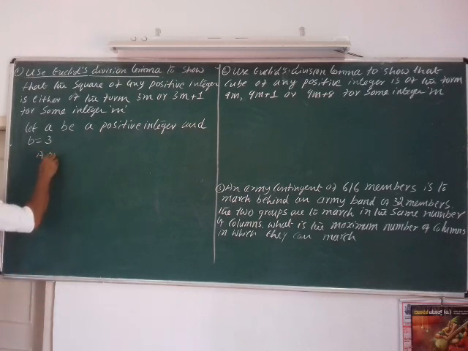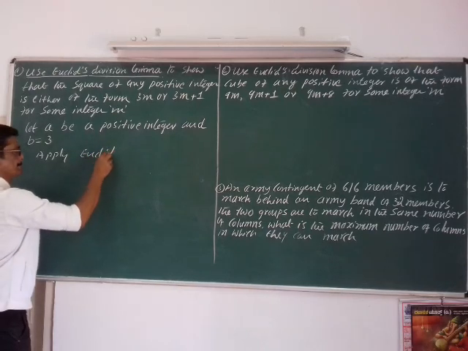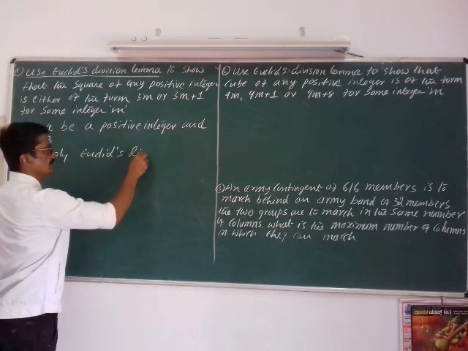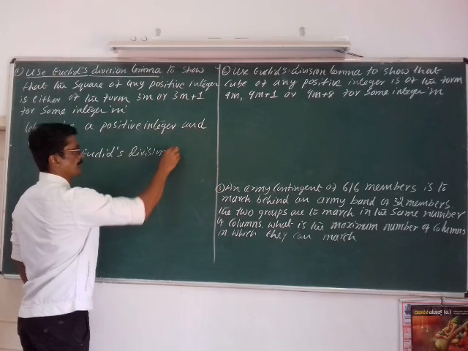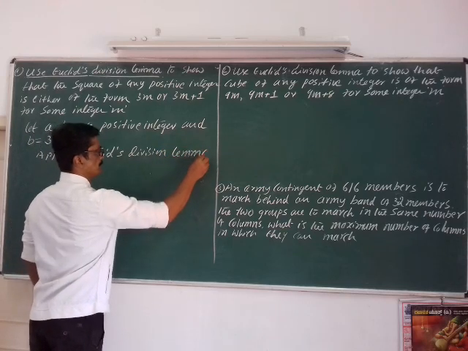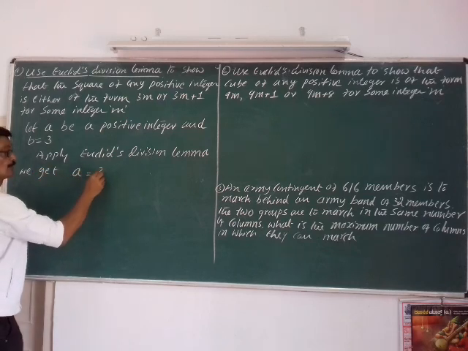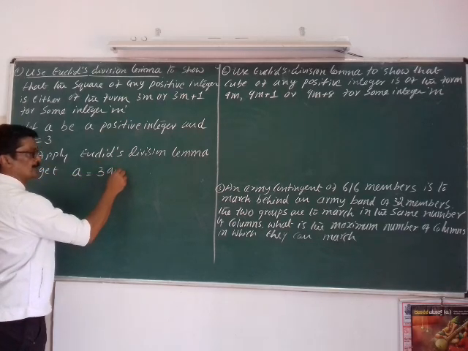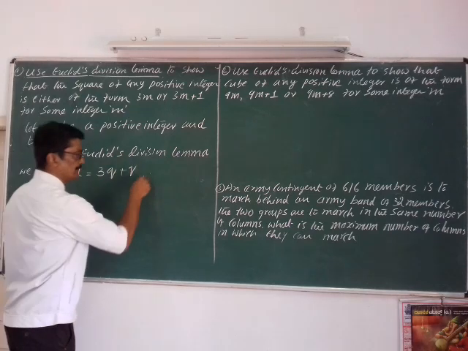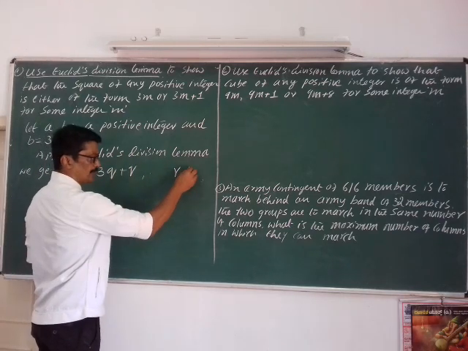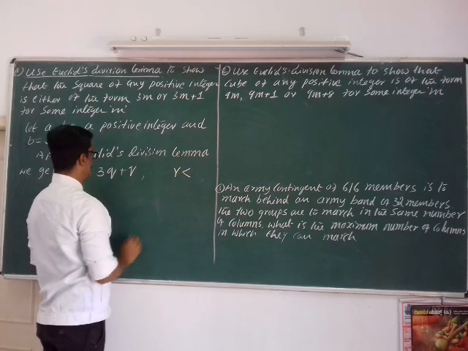Apply Euclid's division lemma. We get a is equal to 3q plus r, where the value of r is less than the divisor.